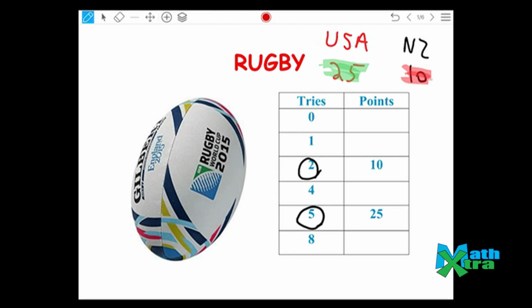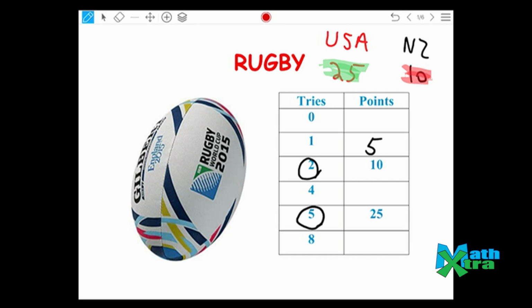Can any of you figure out how much one try is worth from that? Take a second, think about it. Did you say 5 points? Because you'd be right. One try is worth 5 points.